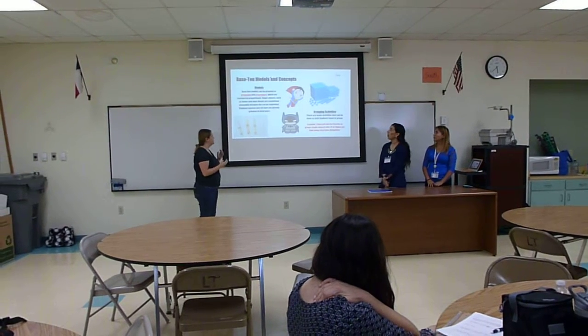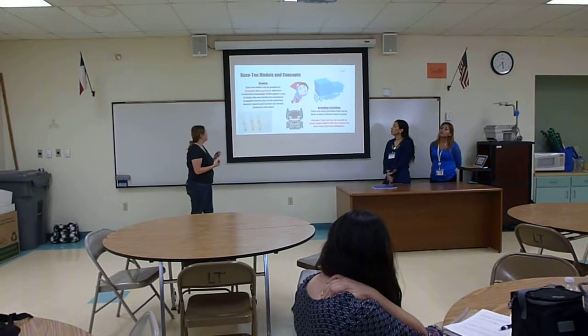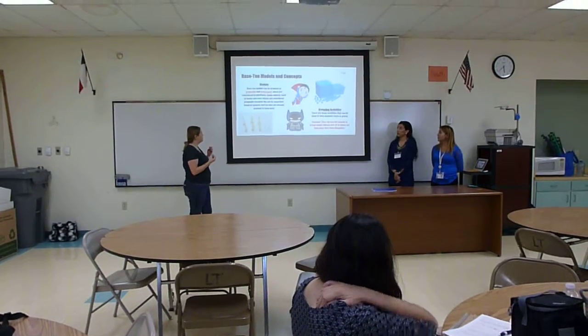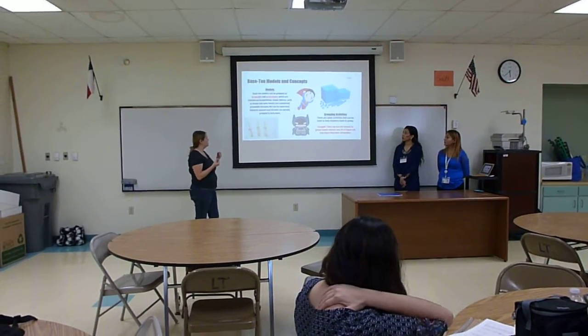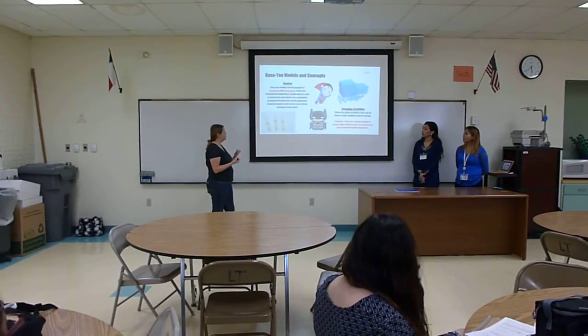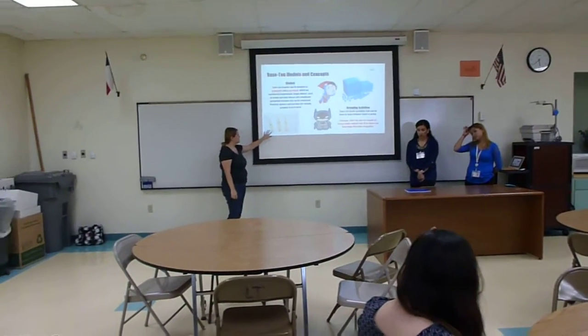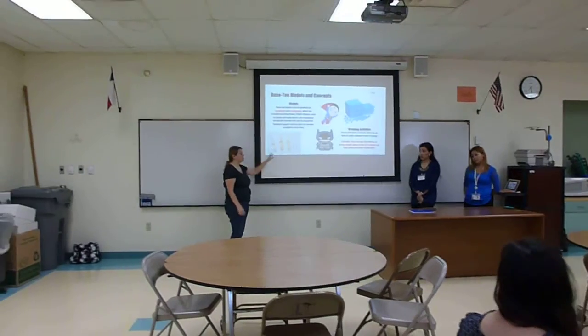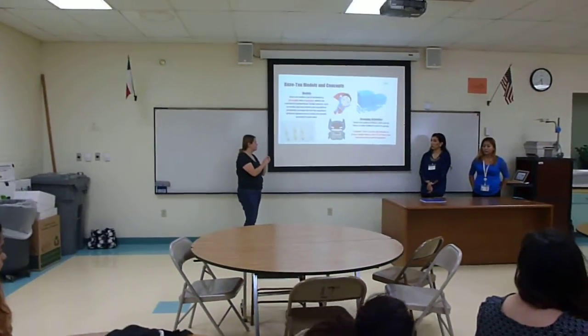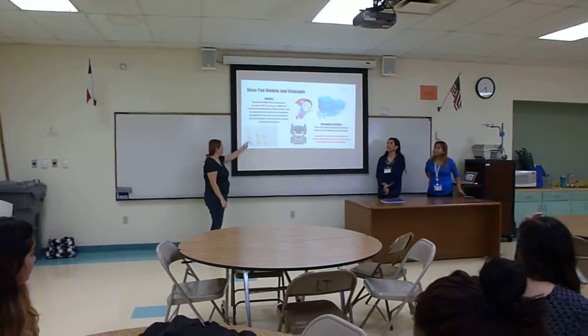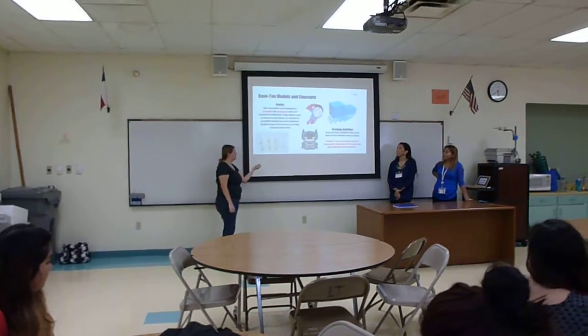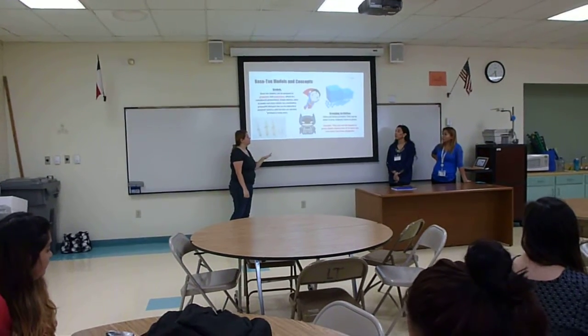So, different models of base 10s can be described as groupable and pre-grouped. Groupable models, like this one here, are individual objects, such as these popsicle sticks. You can group them by 10, and they'll know that one chunk is 10, and then they count on each individual one.